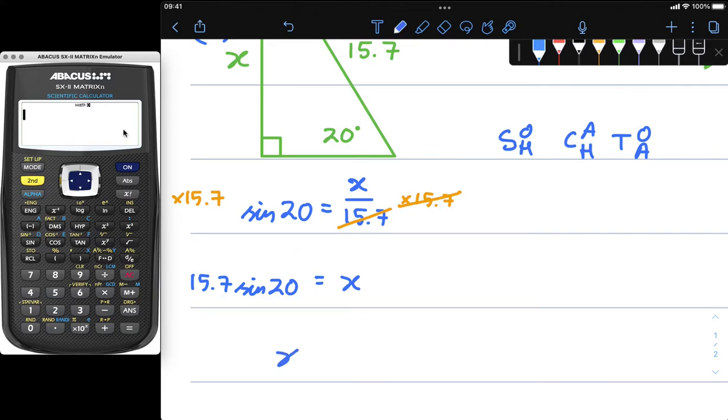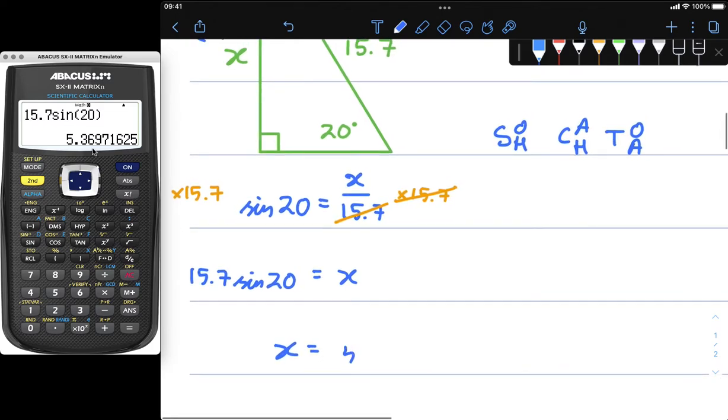So we'll get the answer x is equal to, I go into our calculator, 15.7 times sine, you can have the times there, but you'll see that we actually don't need it. So 15.7 sine of the angle given, so sine 20, closing brackets here. Pressing equals.